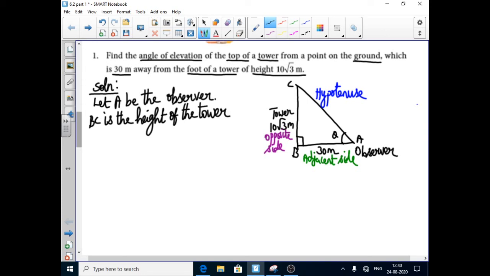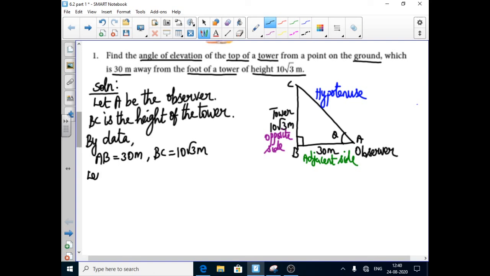That's all, no need to write anything more; only two things you are getting. By data, AB equal to 30 meter, comma, BC equal to 10 root 3 meter.